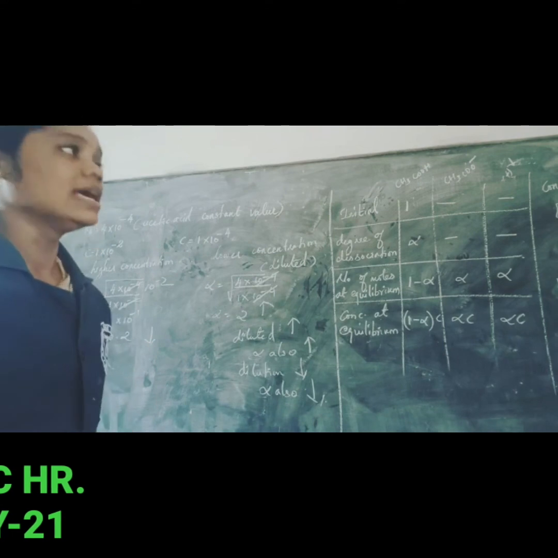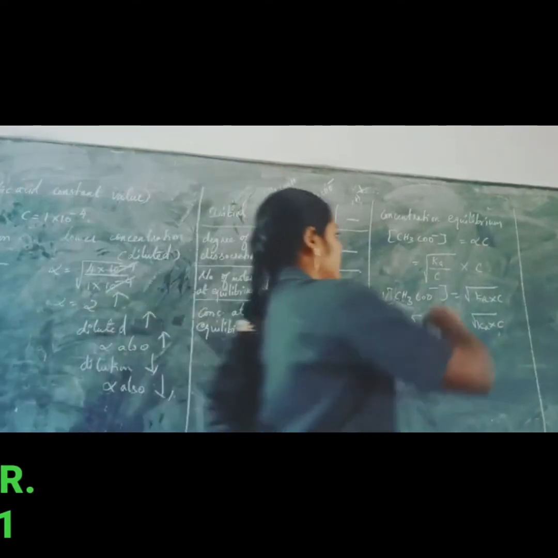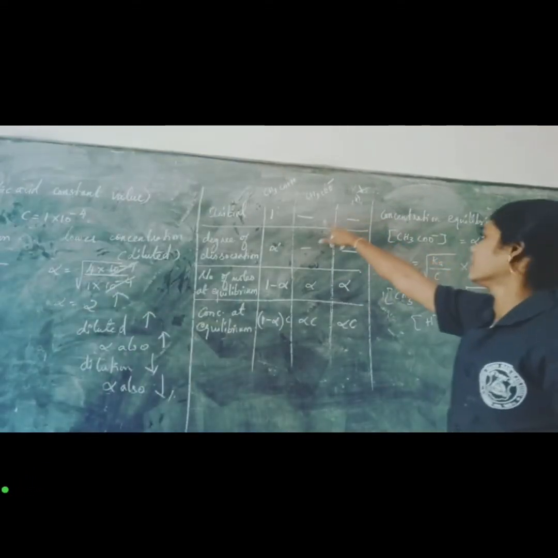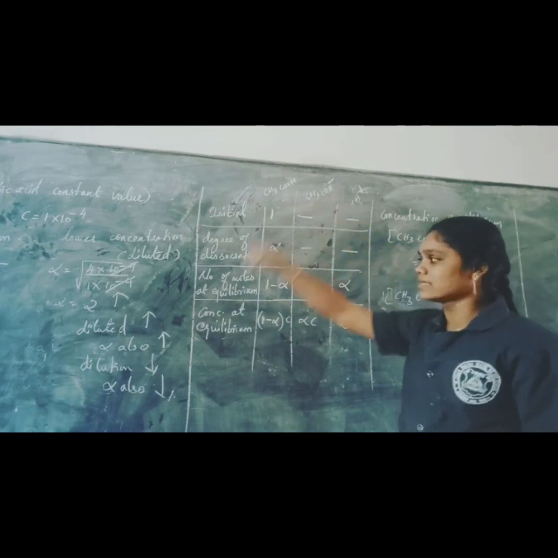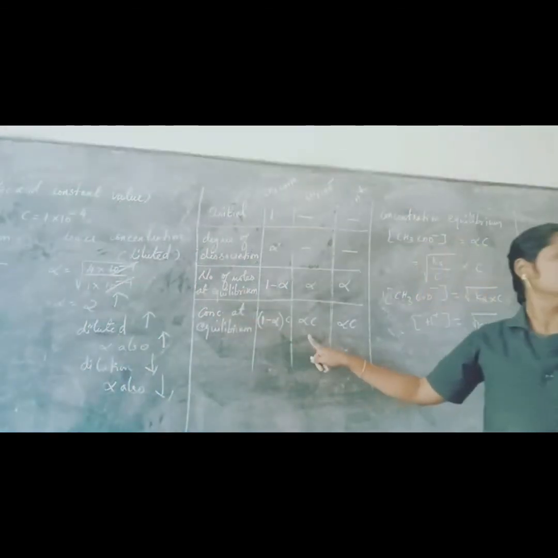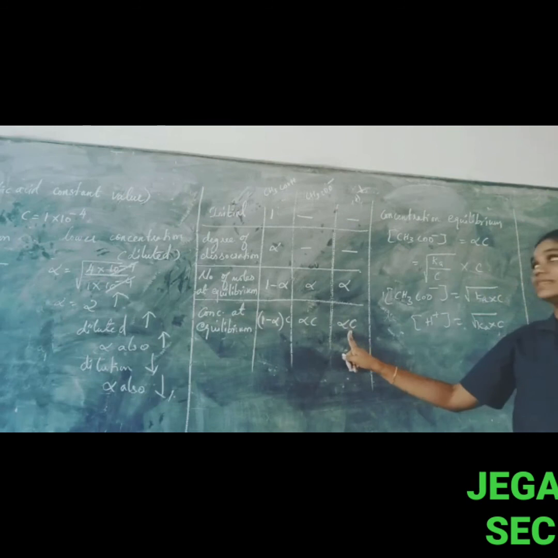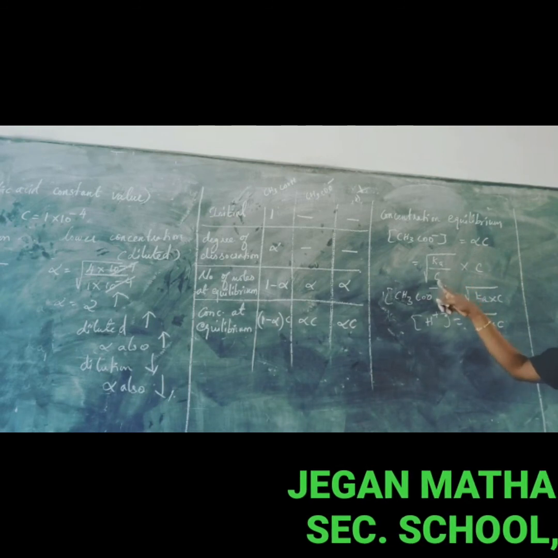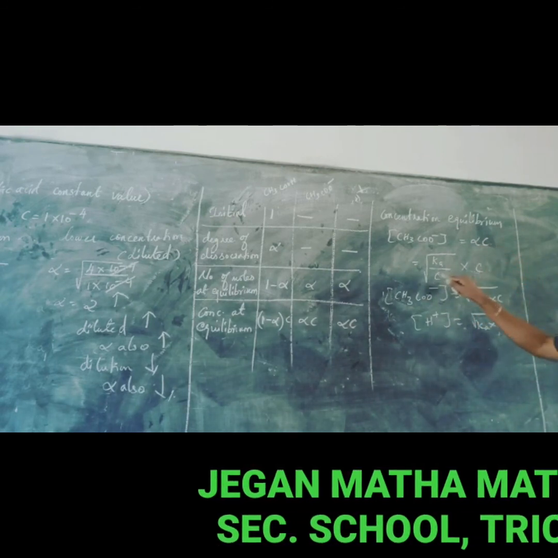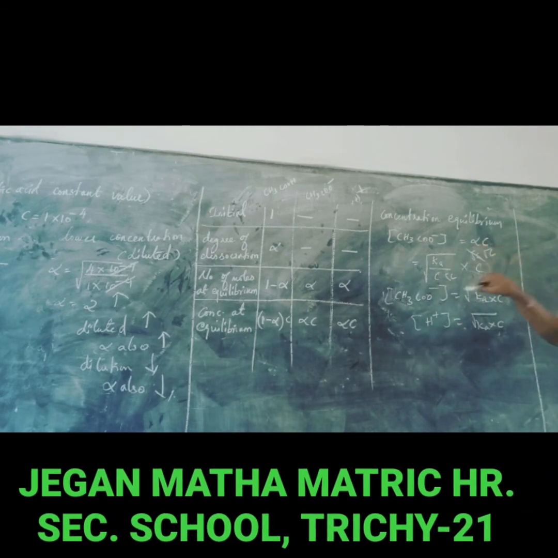Okay, and then next one, concentration at equilibrium. First we find out for acetate ion and next for H plus ion. So acetate, CH3COO minus, concentration at equilibrium is alpha C, and H plus concentration at equilibrium is also alpha C. Here alpha C is equal to alpha, the square root of Ka by C, into C. Square root of C into square root of C, so cancel these two terms.